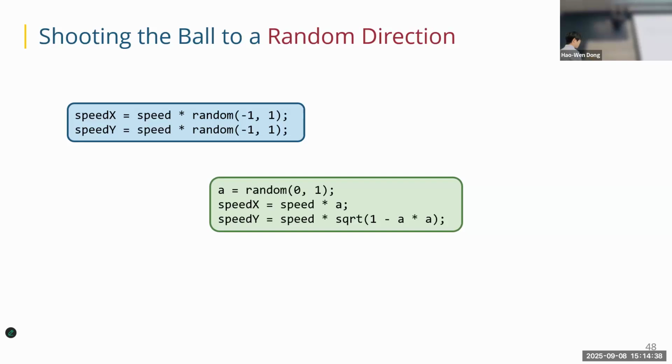Then we just compute this back by doing square root of 10 minus speed x squared to get the speed y. So at least this will give us the same speed all the time. But what's the issue here? Does it actually get you a uniform speed?